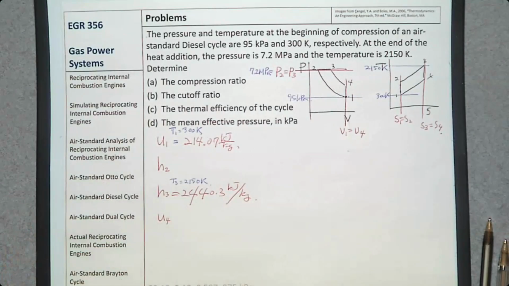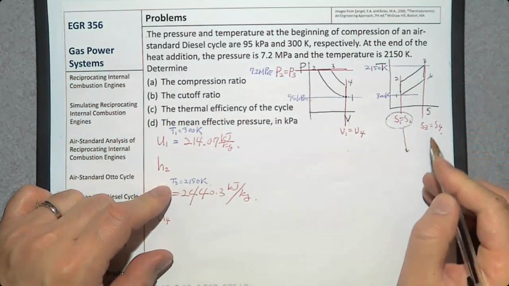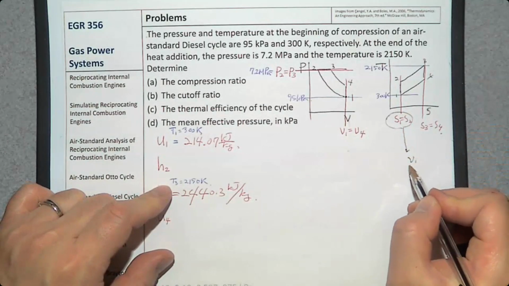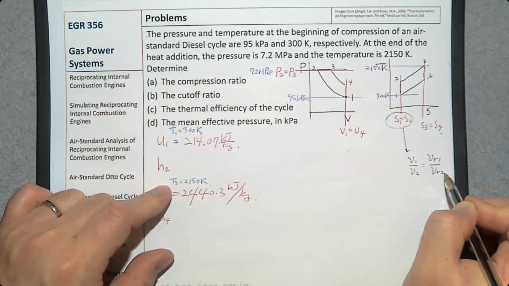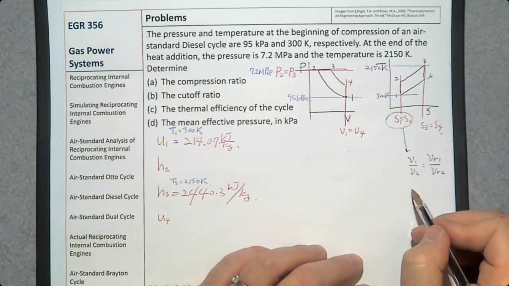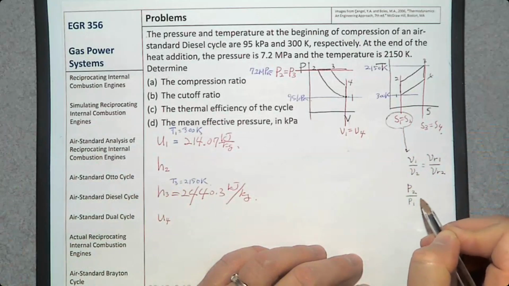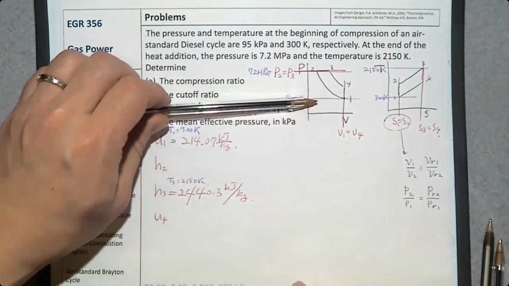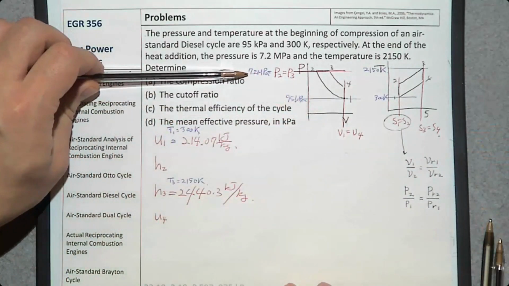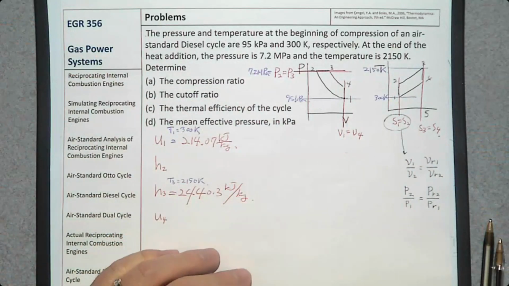How can we do that? I told you that when you have an isentropic process, we can use this equation: v1 over v2 is vr1 over vr2. Similarly, you can use P2 over P1 is Pr2 over Pr1. We know P1, 95 kilopascal. We know P2, 7.2 megapascal, so 7,200 kilopascal. Okay, so this is the one that we are going to use.